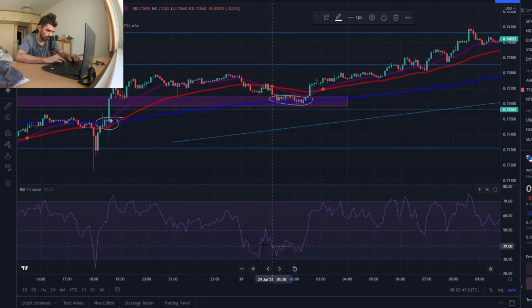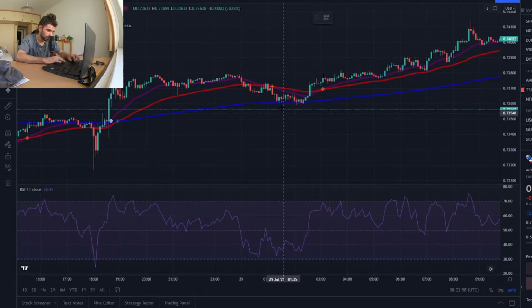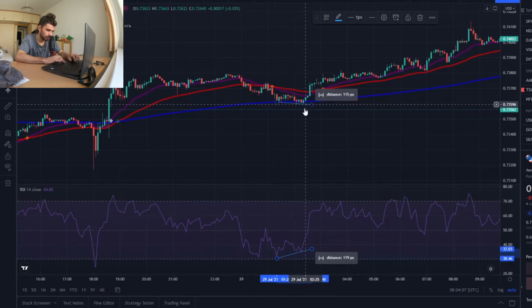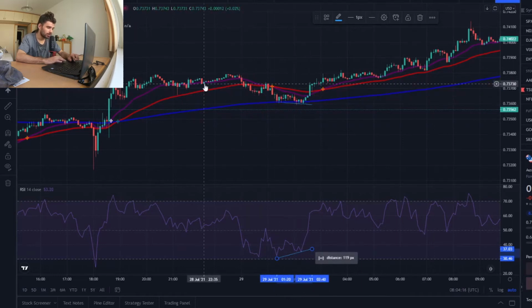And what we can see is that we formed a very small divergence to the upside. While the market was going lower, the RSI was going higher, which might indicate that we might see a change here and go to the upside. So this is another indicator to look at, the RSI.